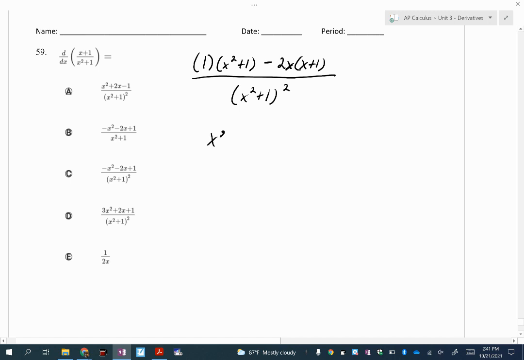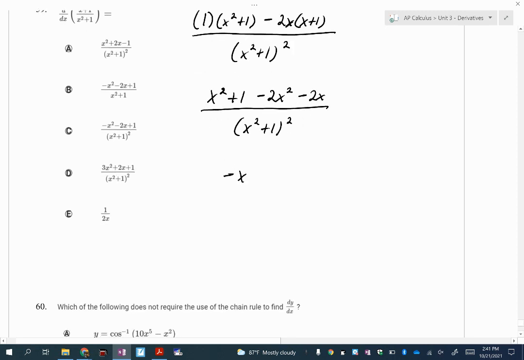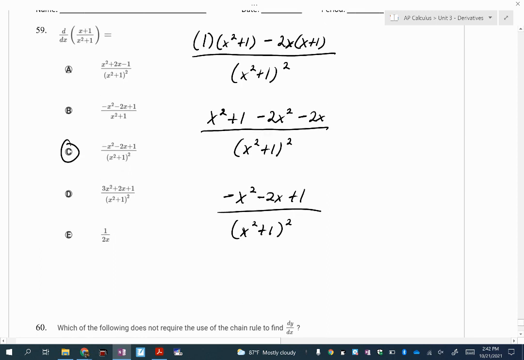It's going to be x squared plus 1 minus 2x squared minus 2x all over x squared plus 1 squared. Combine like terms, you get negative x squared minus 2x plus 1 over x squared plus 1 squared. So our answer looks like it's going to be C. All right, so that's 59. One more, guys. We made it, the very last one.